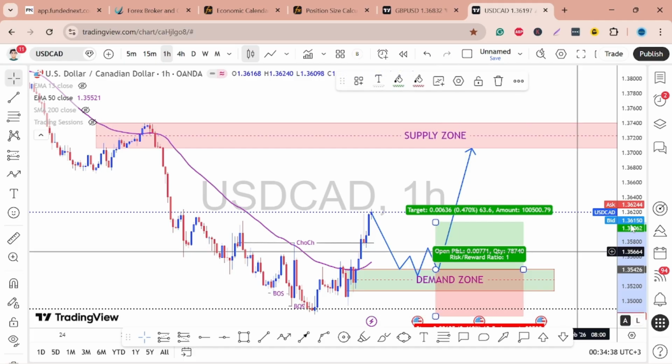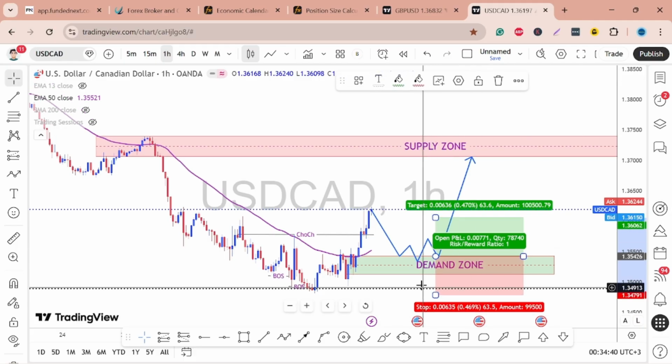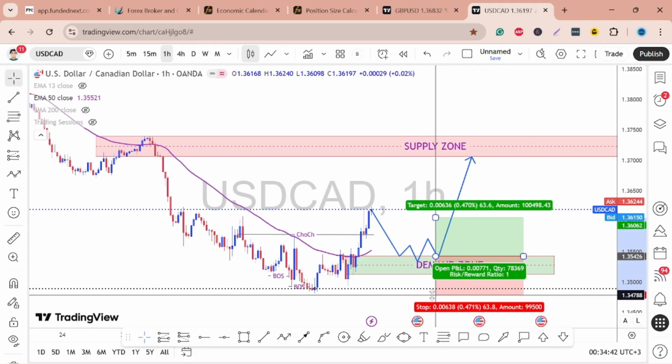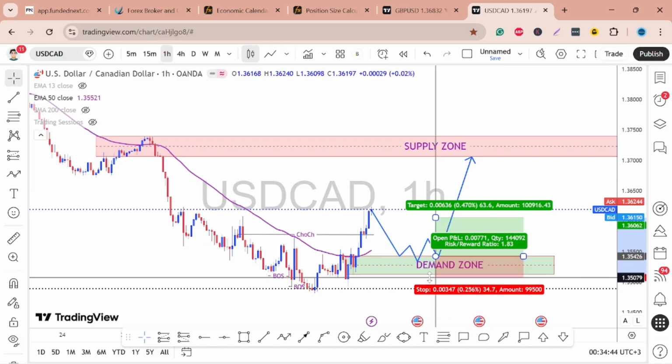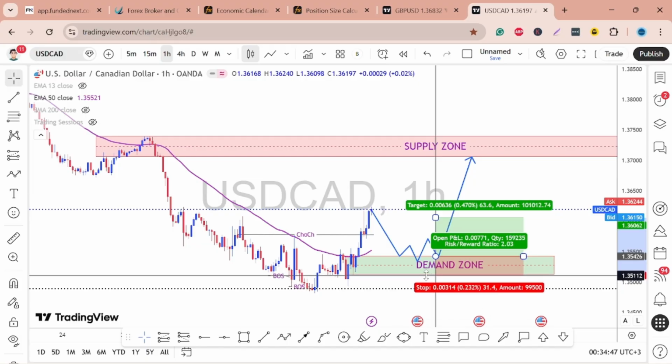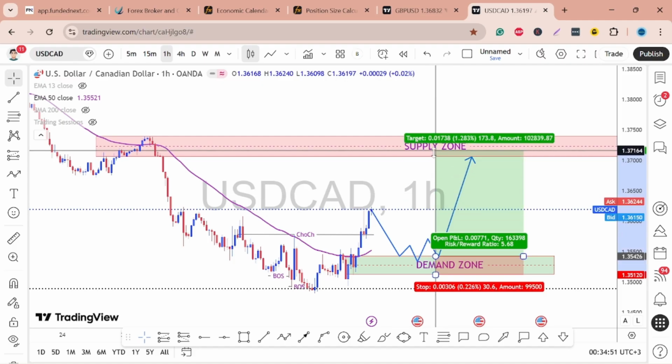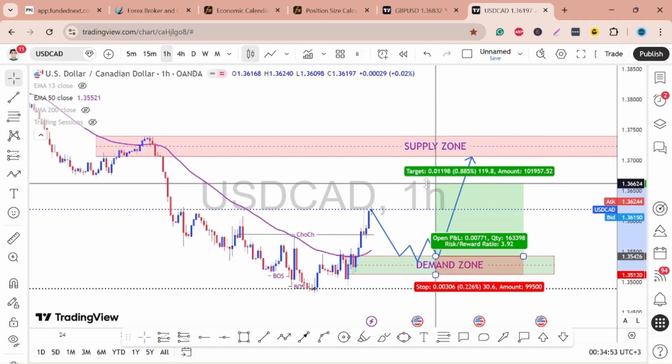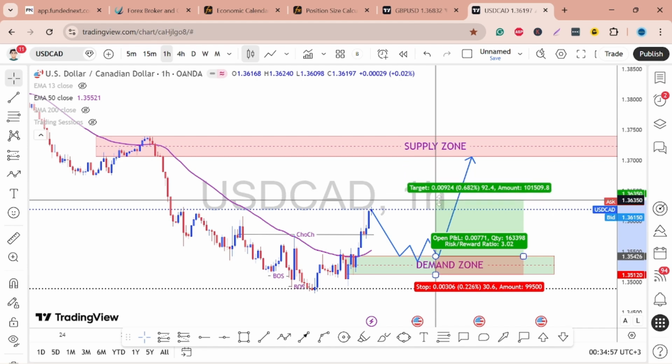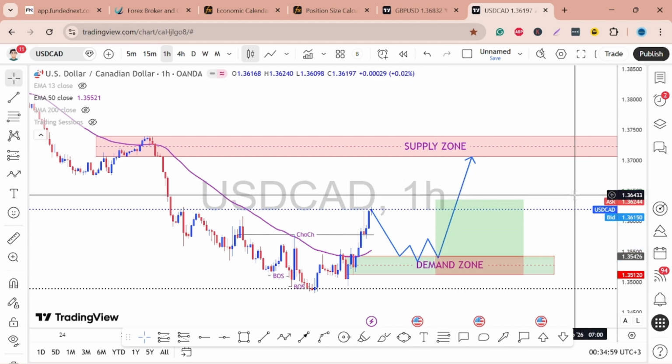Stop loss, you can keep it below the swing if you don't mind the stop loss. But if you are more conservative, then you'd have maybe a 30 pip stop loss, targeting a risk reward ratio of 1:3.